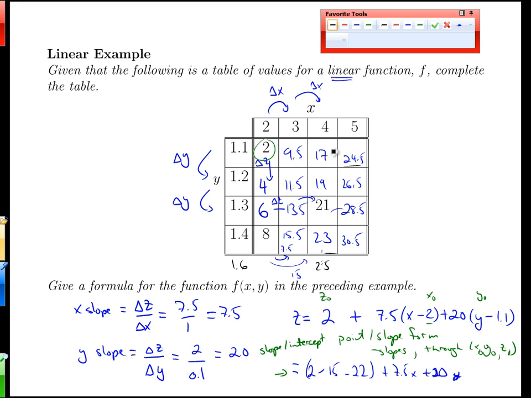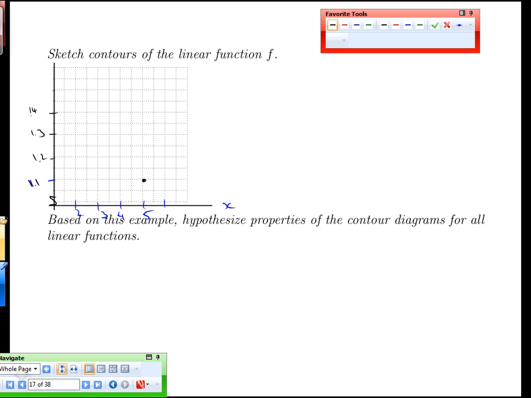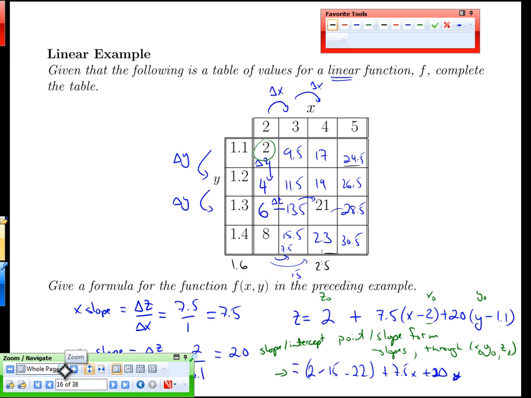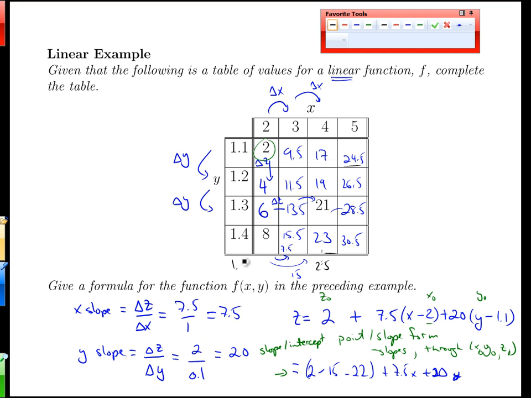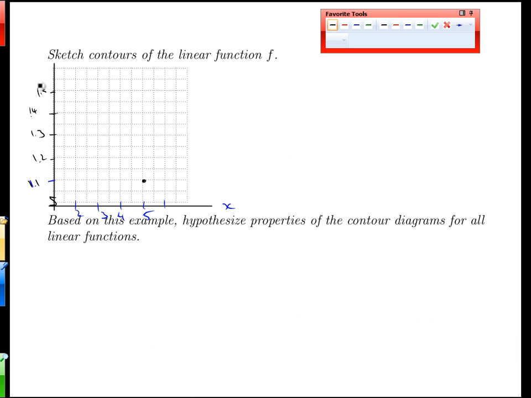So let's take those as our anchors. 1.15 and 1.64. 1.15 and almost 1.6. Sorry, 1.6? 1.5 would be nicer. That would make a lot more sense. Keep our delta y's the same. And 1.54.